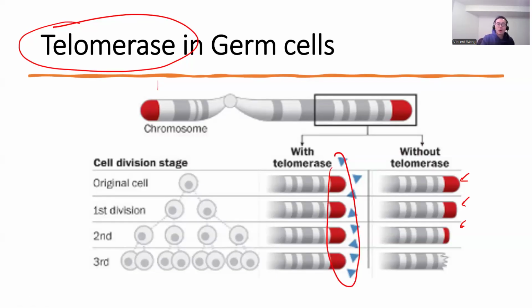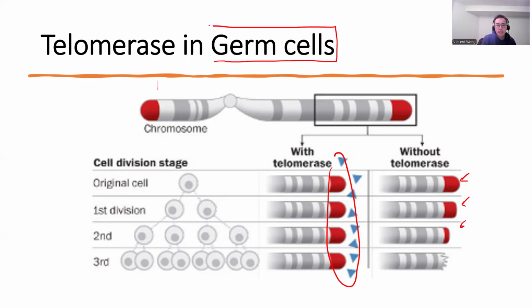Right? So telomerase turns out to be something that is only produced in certain cells in the body. One such example would be the germ cells. People get very confused with the word germ cells. They think it has to do with bacteria. It's not. In the body, we have two kinds of cells, somatic and germ cells.